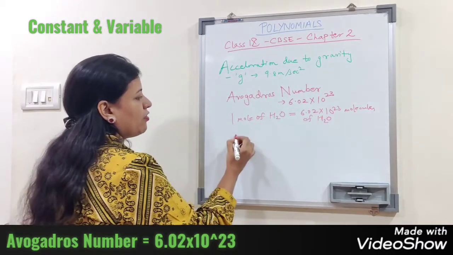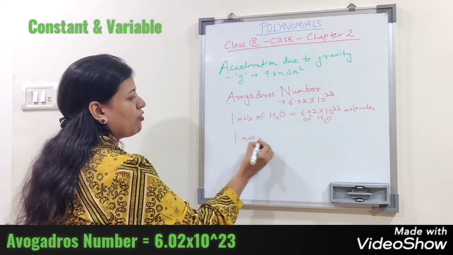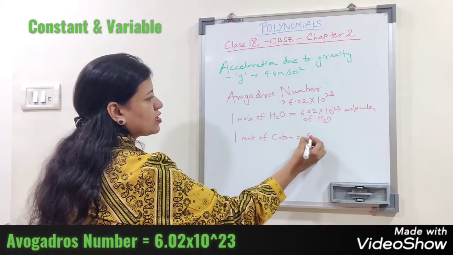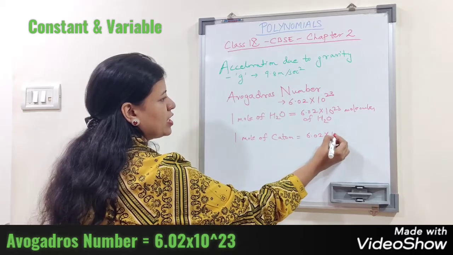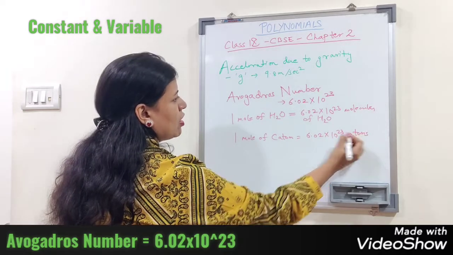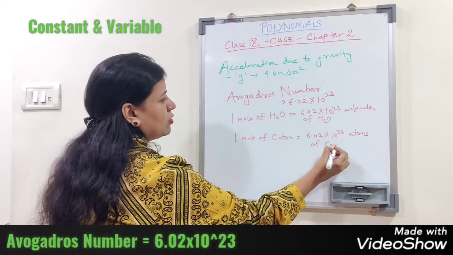If I talk about 1 mole of carbon, this will also consist of 6.02 into 10 to the power 23 atoms of carbon.